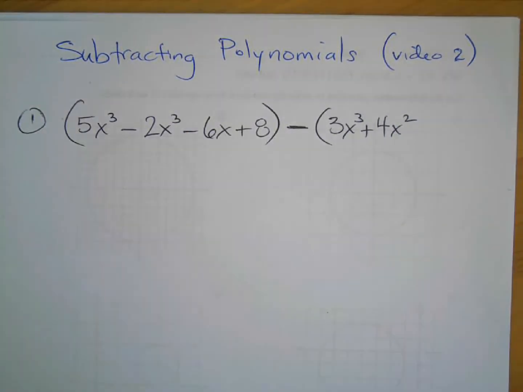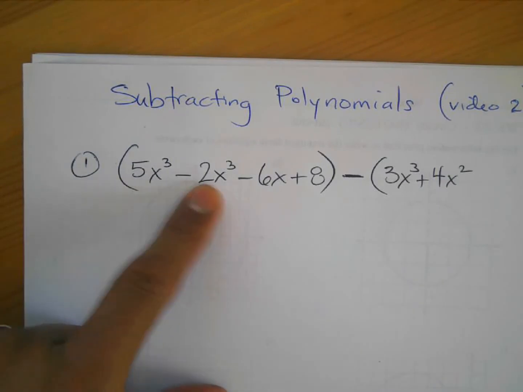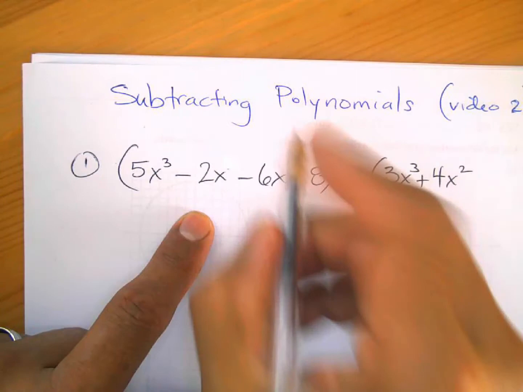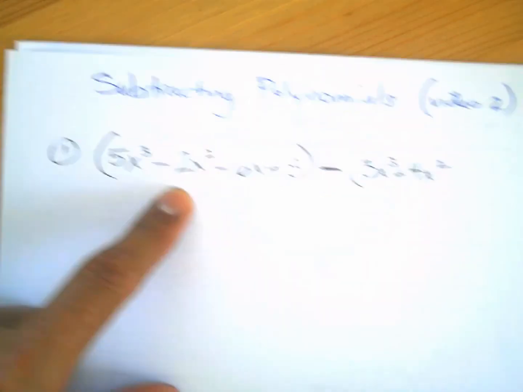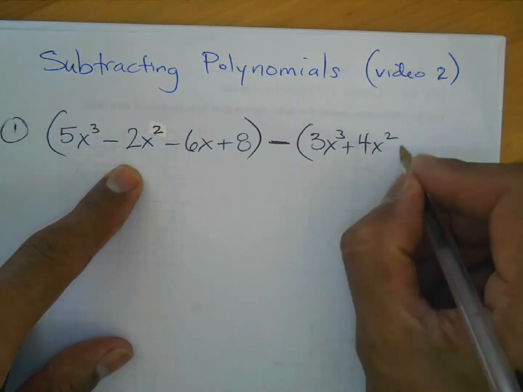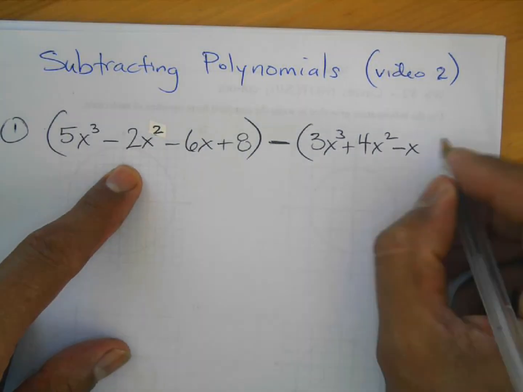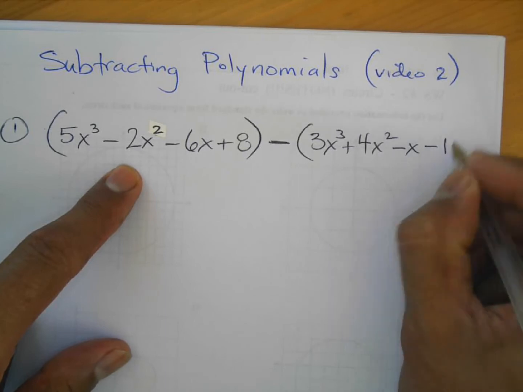By the way, this is wrong over here. Change this one. I'm sorry. This one should not be a 3 and a 3. This should be x squared, x squared. Caught that. Minus x minus 1.